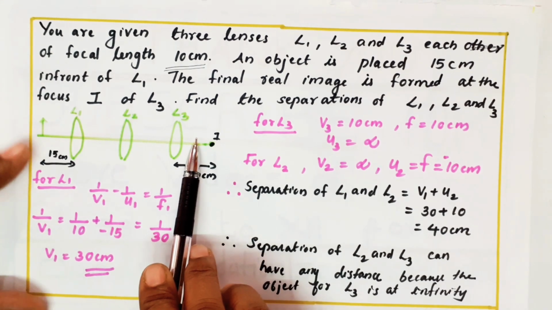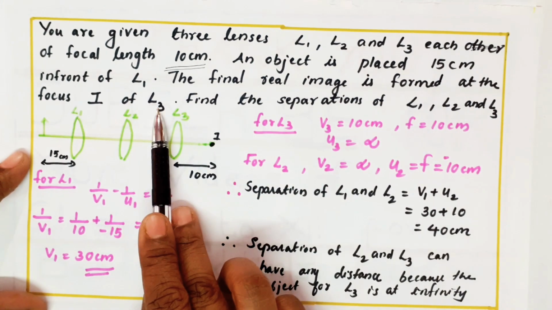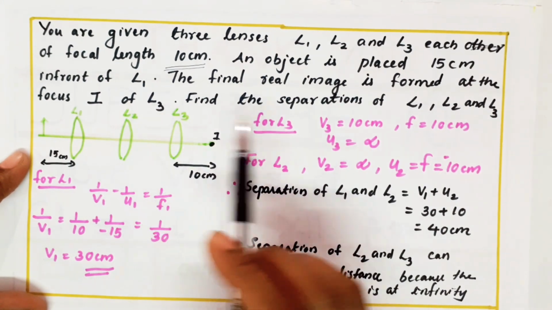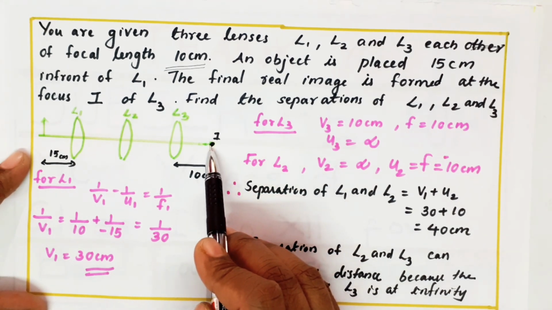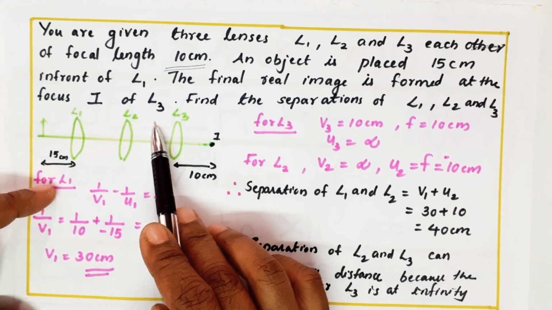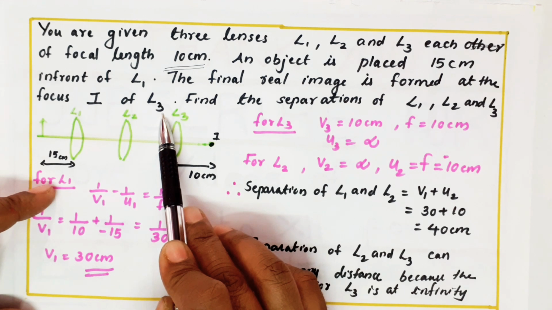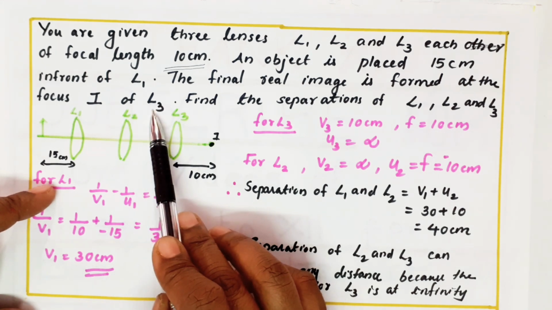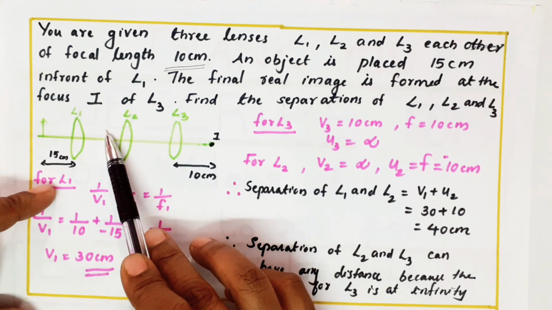They gave that the final real image is formed at the focus of L3. If the image is at focus, where should the object be? The object should be at infinity. If the object of L3 is at infinity, the image of L2 is at infinity. Image of L2 at infinity means where should the object of L2 be? Object of L2 at focus.